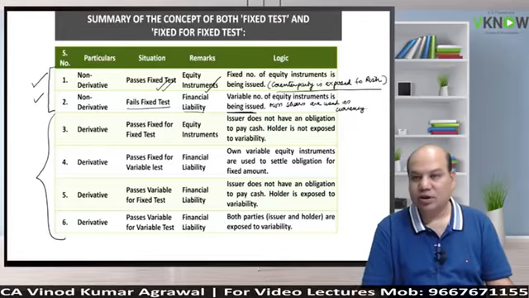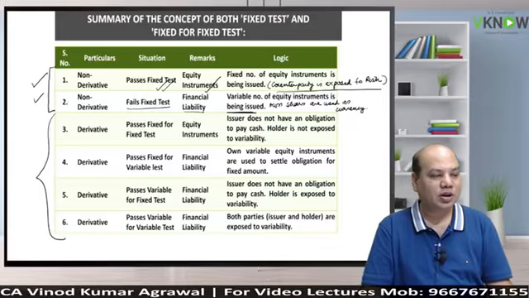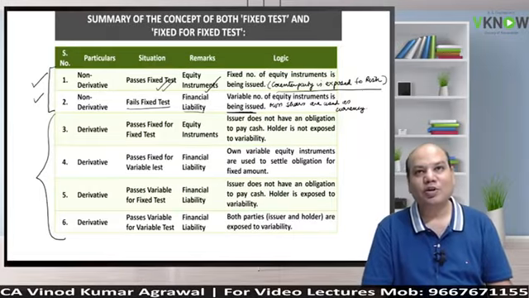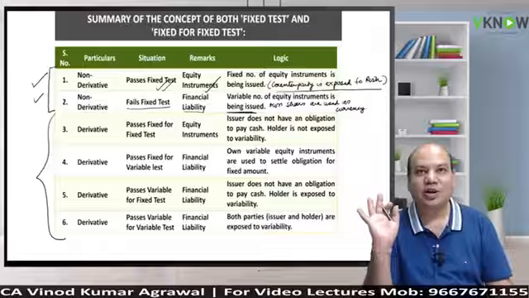Instead of paying cash, you are just settling it in your own shares, which are used like a currency. And another way to look at it, the counterparty is not exposed to the risk. He will get shares worth rupees 10 lakh only. You have given me 10 lakh, I will issue shares worth rupees 10 lakh.